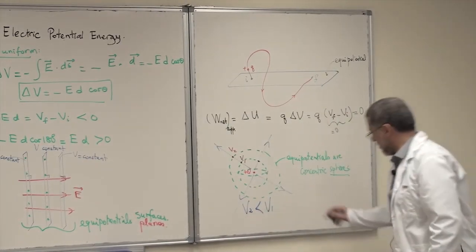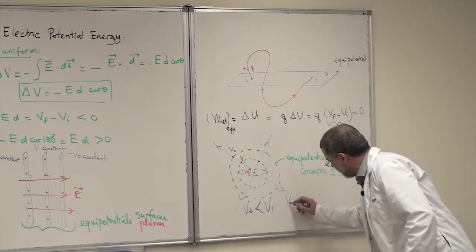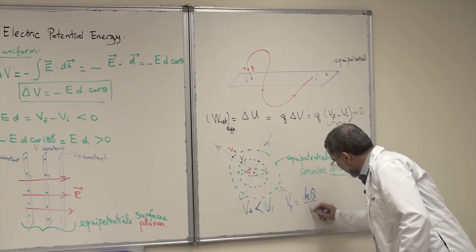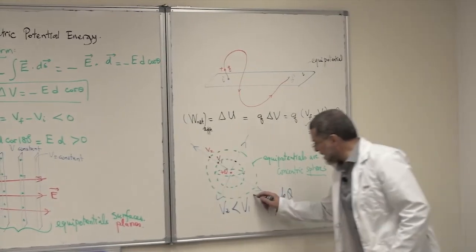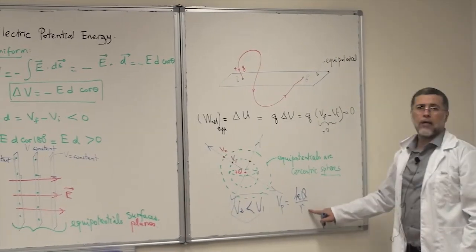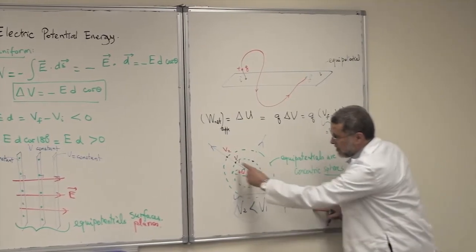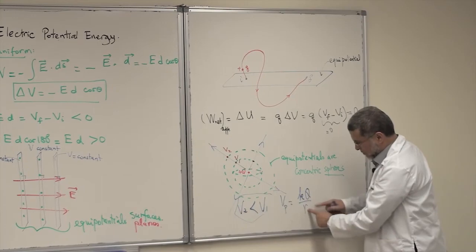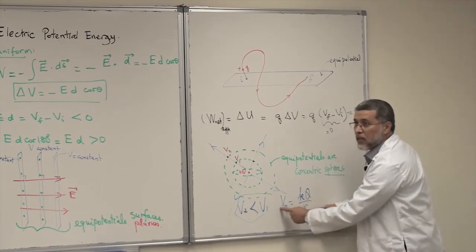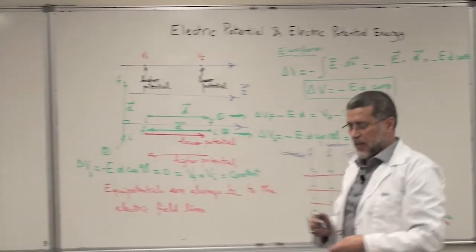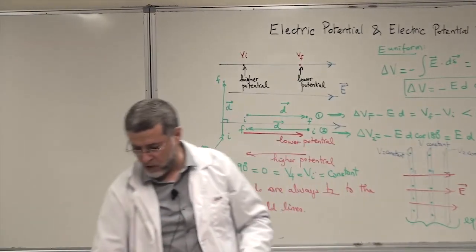And if you remember very well, we wrote the potential for a point charge. It was V equals K Q over R. Can you tell me why V2 is less than V1 from this equation? Because, of course, at V2, the R is bigger than at V1, and therefore, bigger R, smaller potential. Everything makes sense. Things have to be together like this. There will be no confusion in this case.